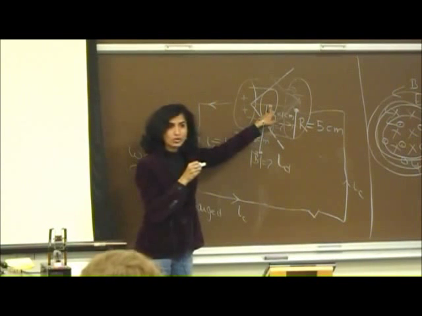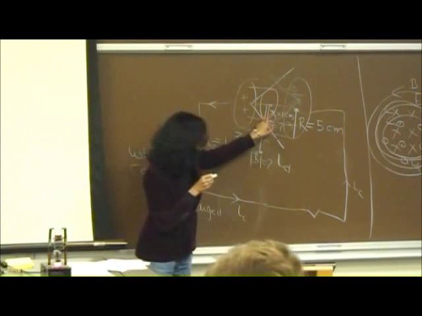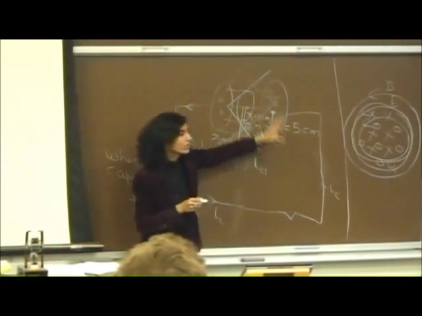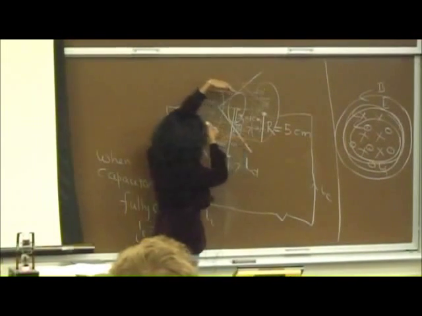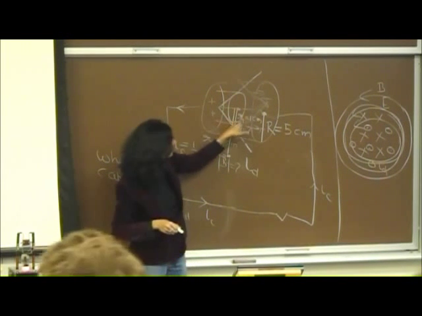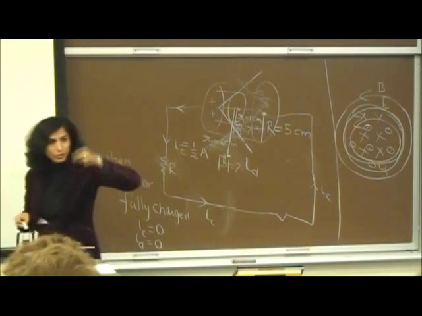Wouldn't that be a good loop to choose? Because there, the magnetic field induced due to this fictitious displacement current through the plates of the capacitor is constant everywhere on this loop. Just from the symmetry, it has to be constant.